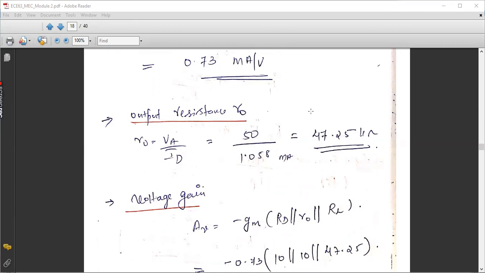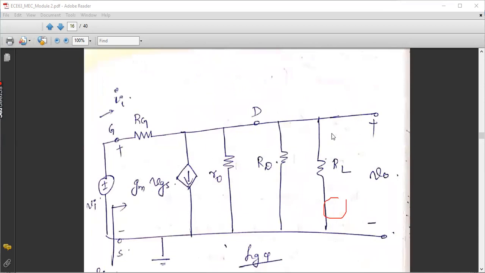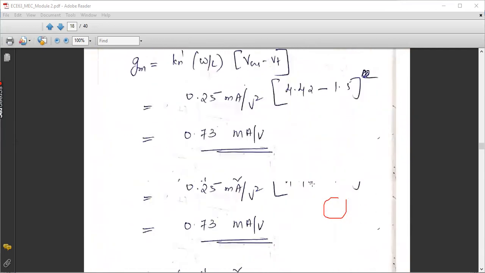Here I have incorporated one more resistance, that is RL. I've taken RL also because in the question we have the load resistance across which we are taking the output. Even if you observe our equivalent diagram also, we are having the RL. So we have to take the effect of all the three, R0, RD, RL, multiplied by minus GM, that is your overall gain.